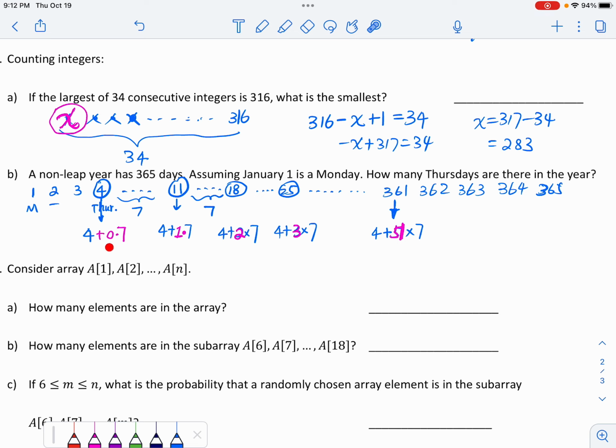Basically, we're counting how many integers are from 0 to 51, right? So the way we count will be 51 minus the smallest integer, which is 0, and don't forget to add 1. So therefore, it's going to be 52. And this would not surprise you because there are 52 weeks in a year.